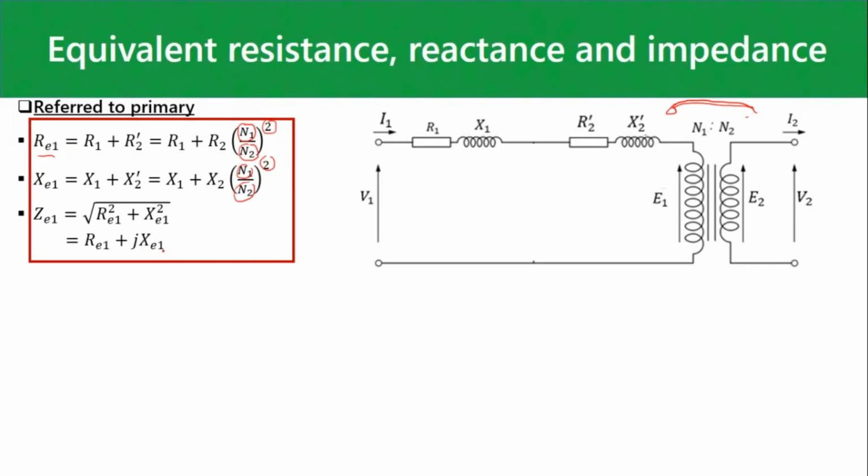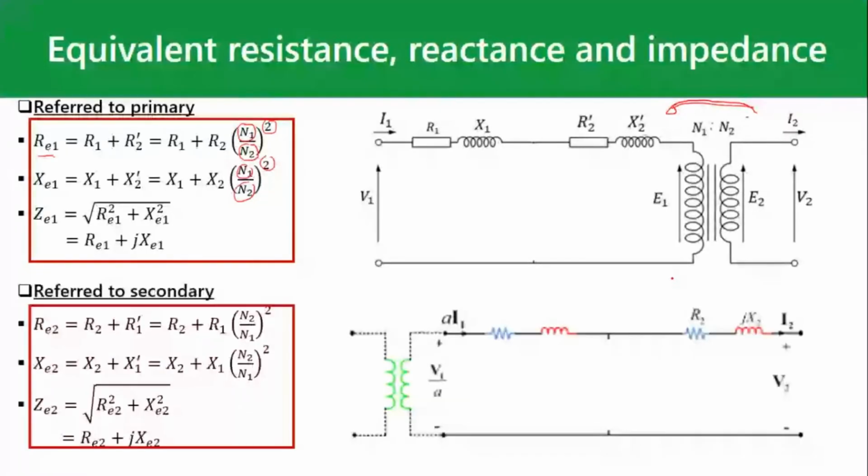Now you can do the same calculation where, instead of referring to the primary, you leave R2 and X2 in the secondary, and you refer R1 and X1 to the secondary. Then you'll get it like that. See? So then you're going to have RE2, in other words, equivalent resistance referred to the secondary.